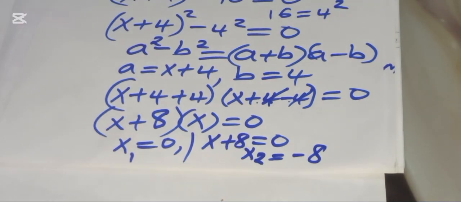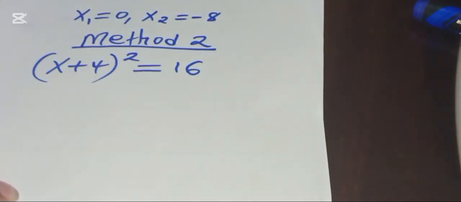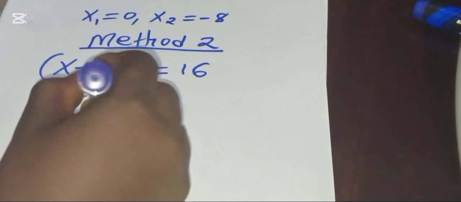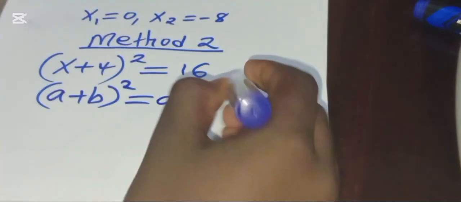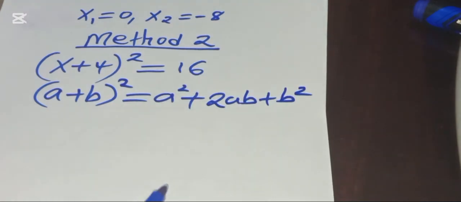So let me show you method 2 quickly. Now, applying method 2, we have (x + 4)^2 = 16. You can see that (x + 4)^2 is in the form of (a + b)^2.